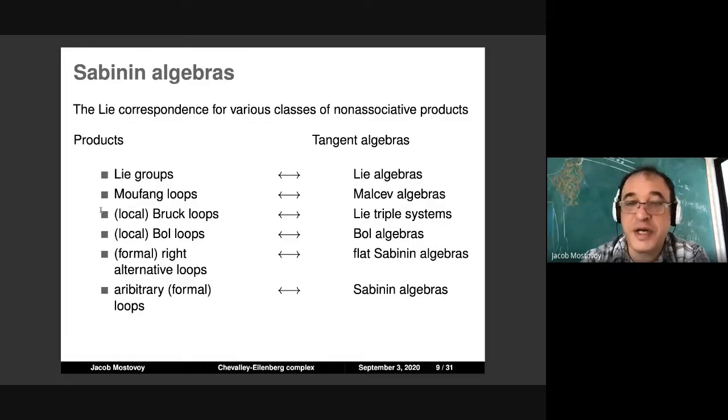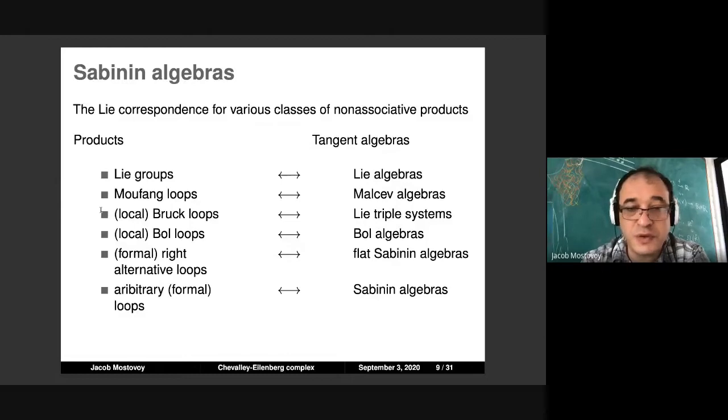So we need one bilinear and one trilinear operation to encode the Bol loop. And Sabinin algebras, they're already a total mess. They have an infinite number of operations which satisfy some extremely complicated identities. Now, these extremely complicated identities are really artifacts of the way that we write things down.